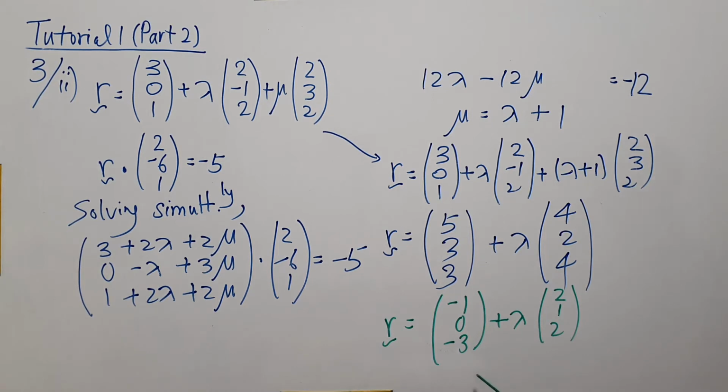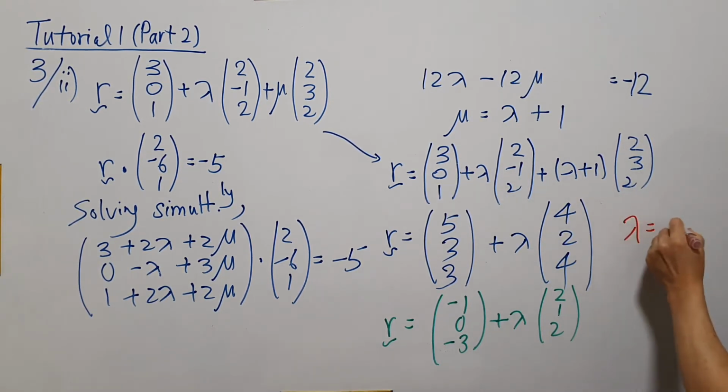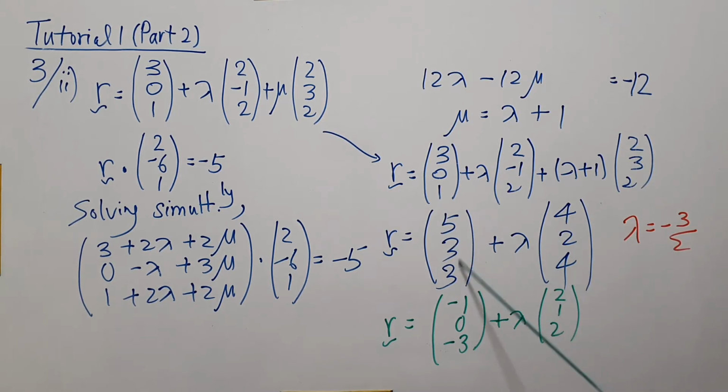So next you ask, can this point be found on this line? Because I need a 0, that suggests to me that if I put my lambda as minus 3 over 2 into here, this will make this one 0.